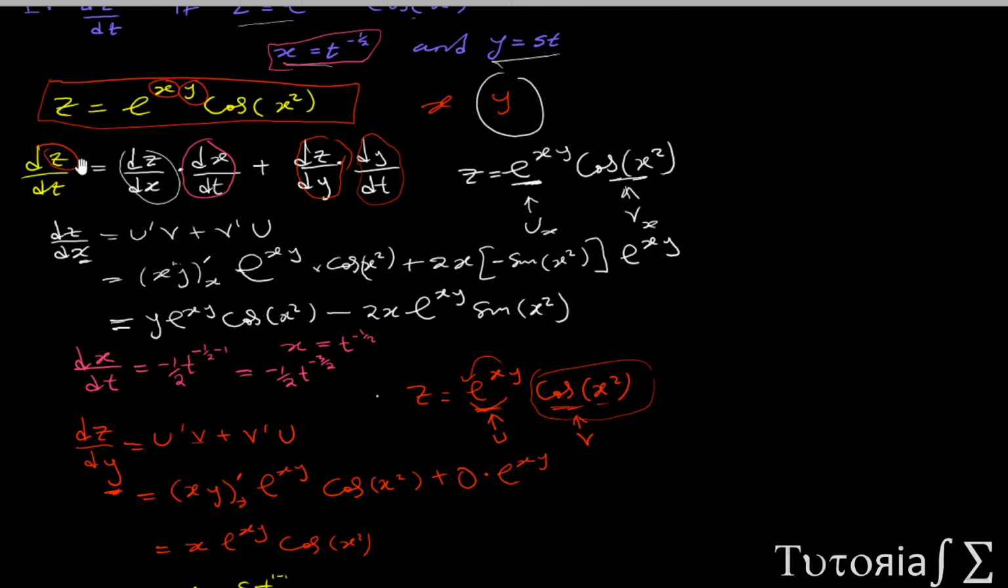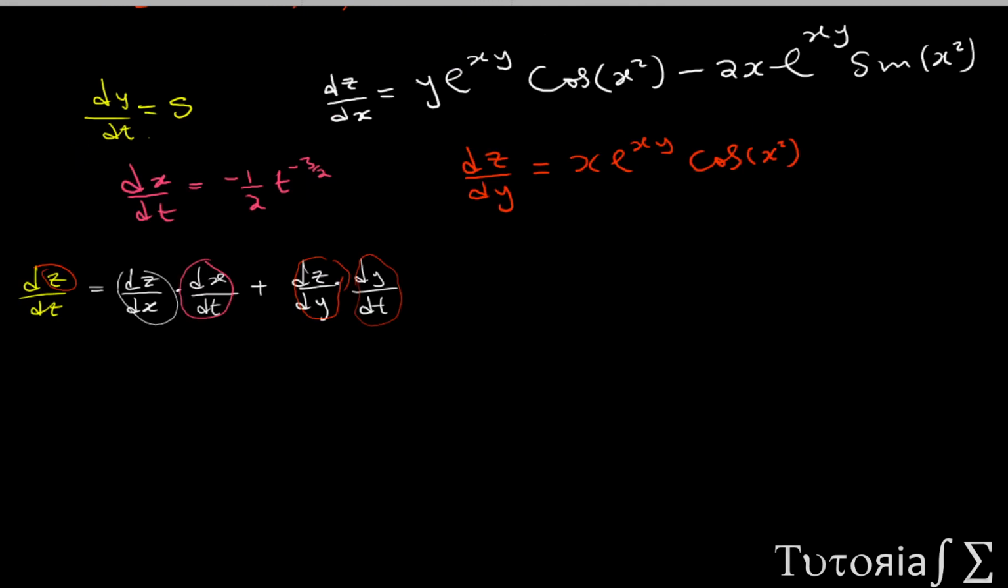Then we replace in the variables. So we'll just replace in here. So we'll say dz dt, let me use the purple pen. So I'll just say dz dt.